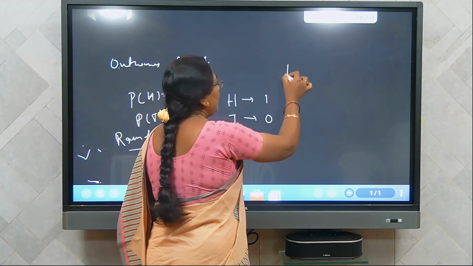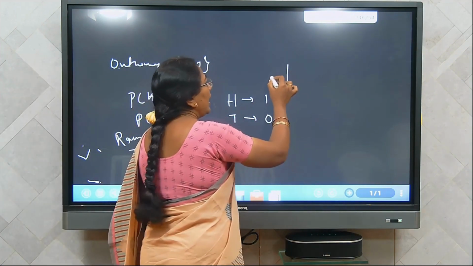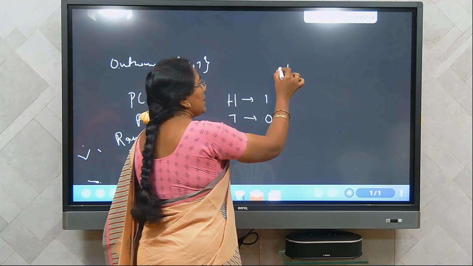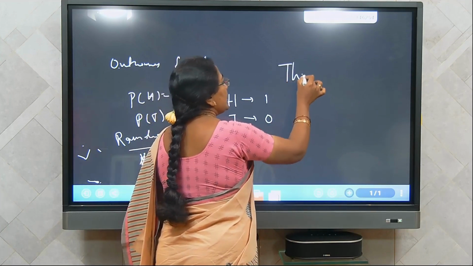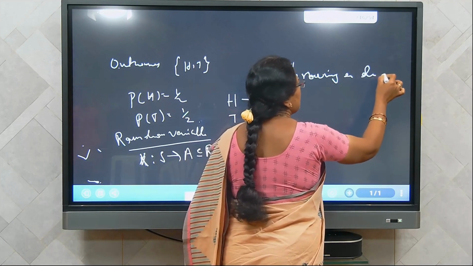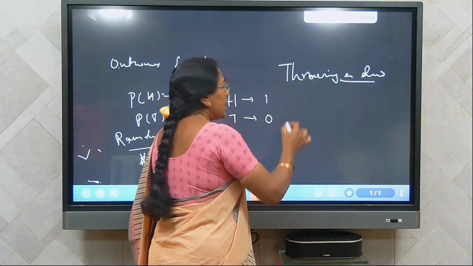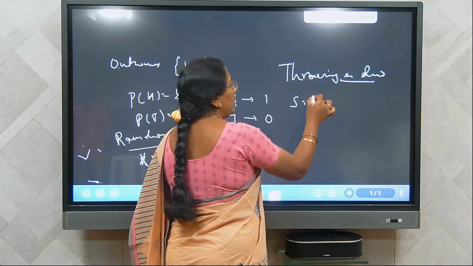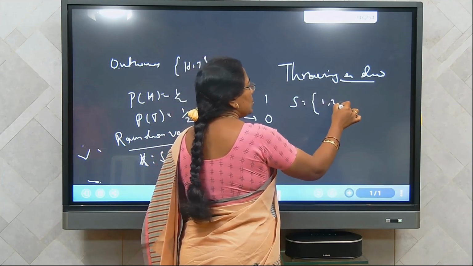For example, we take another example like throwing a 6-faced die. Here the experiment is throwing a die, 6-faced die, and here the outcomes are obviously the numbers 1 to 6.